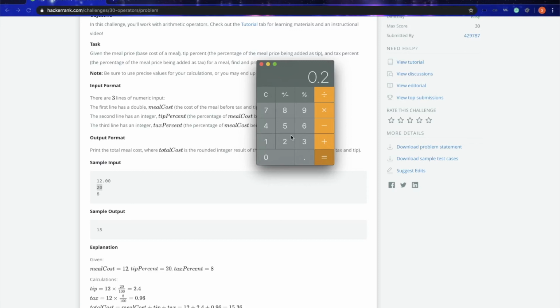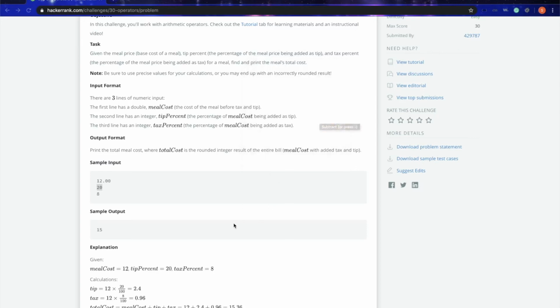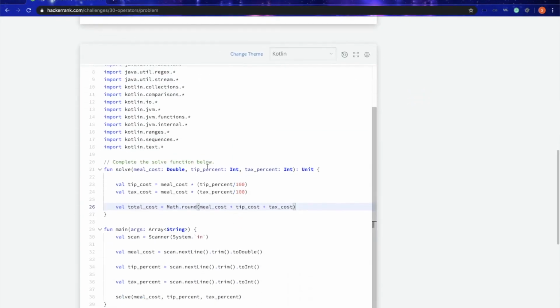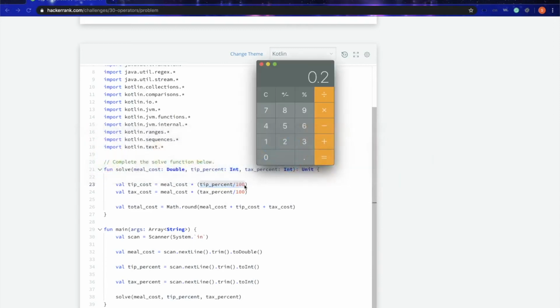Now this comes out to be 0.2, right? And 0.2 in integers, because our tip percentage and tax percentage are integers, when we calculate this, the output would not be 0.2, instead it would be 0.